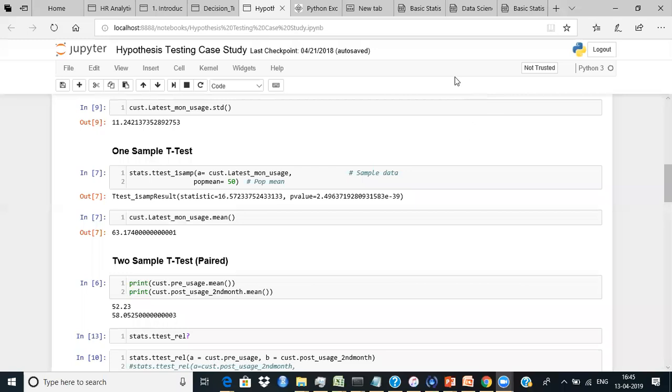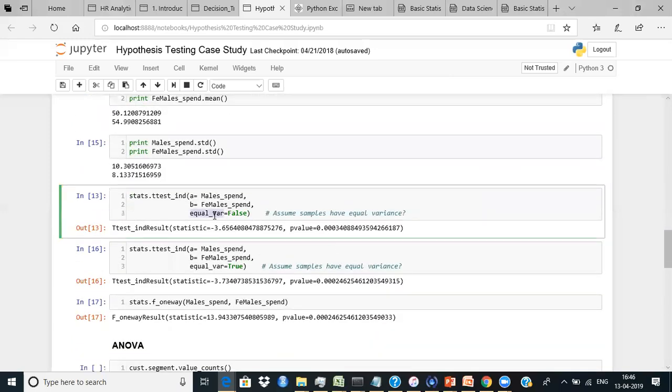The test statistic is the sample mean minus the null value, divided by the sample standard deviation by square root of n, right? This is the test statistic value, but we are not interested in this. We just need to know the sign.